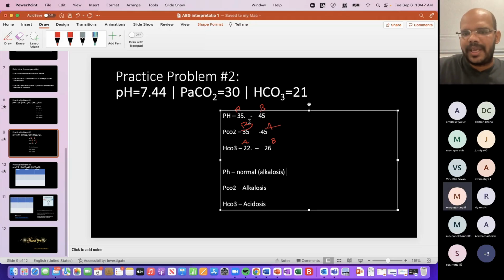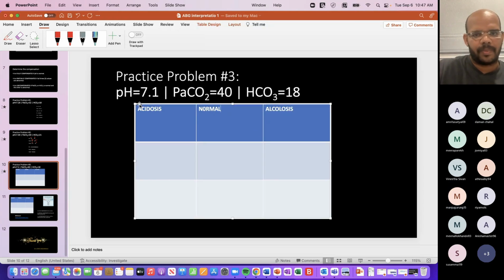So when you see the pH in normal range, think which side borderline it is. If it is on the base borderline, then it is alkalosis. If it is on the acid borderline, then it is acidosis. Let's do one more question and then we'll finish off.